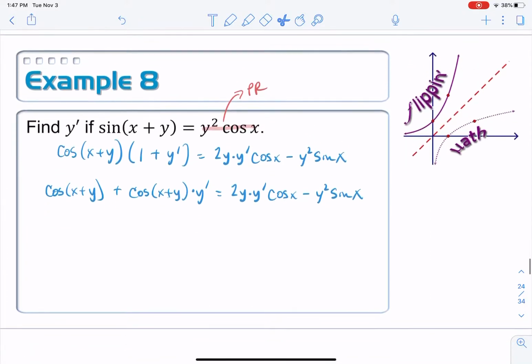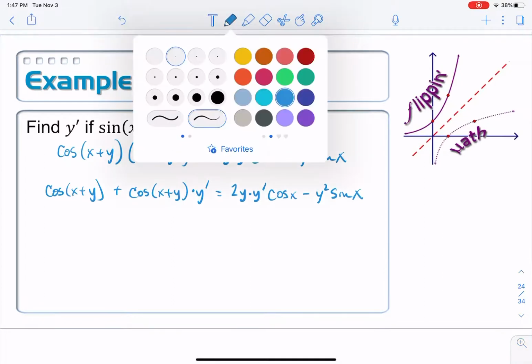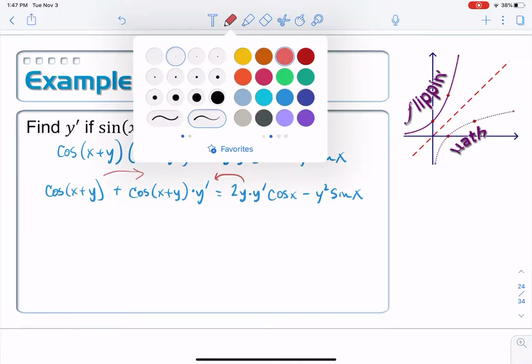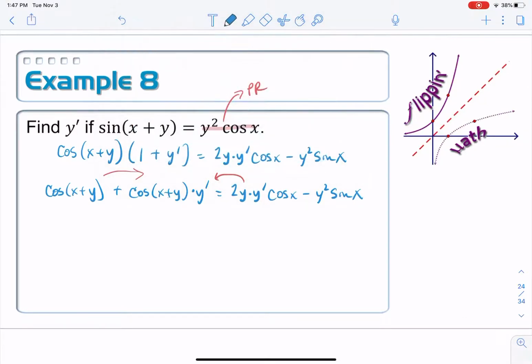Then I'm going to switch some sides of stuff. This is going to go over there, and that's going to go over to the right-hand side. So I have cosine of x plus y. I'm going to factor and subtract over my stuff all at the same time. I'm going to subtract over the 2y cosine x, so it's minus 2y cosine x, all of this multiplied times y prime.